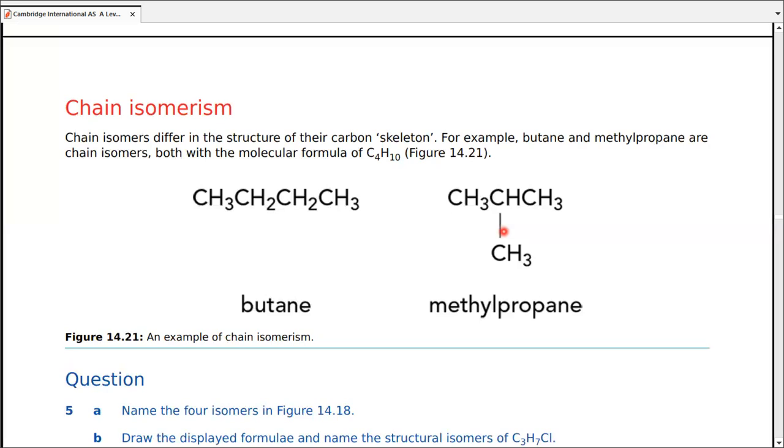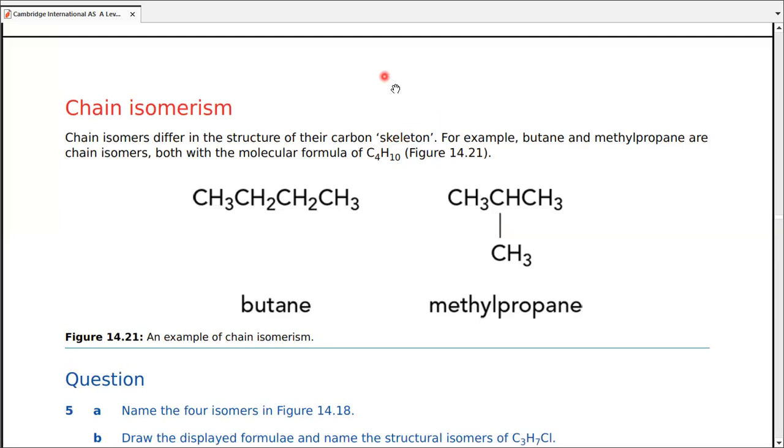Finally, chain isomerism. Chain isomers differ in the structure of the carbon skeleton, the chain. Whether the parent chain is of the same carbon number or the parent chain has been broken down into multiple branches or a single branch and so gets smaller.